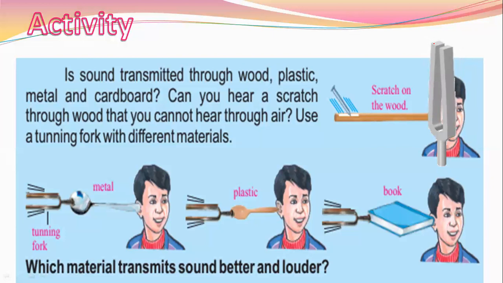This produces the sound. And when we keep this on different materials, these vibrations pass from particles to other particles, and then they make a louder sound on the metal, less sound on the plastic, and far less, the least, on the book.